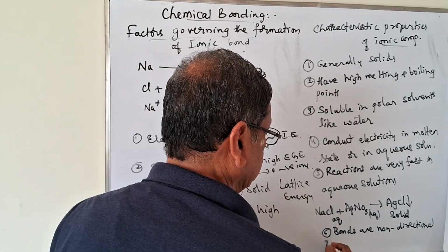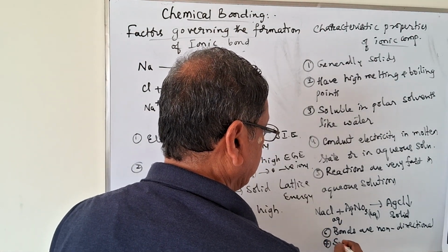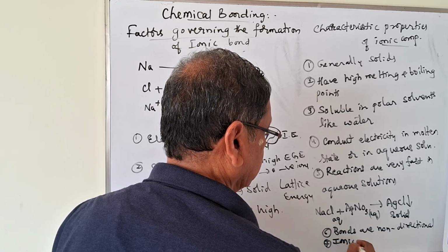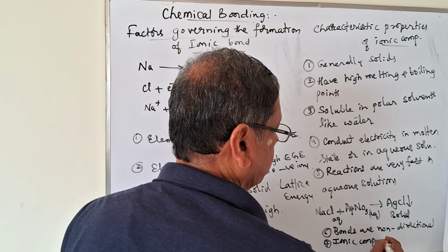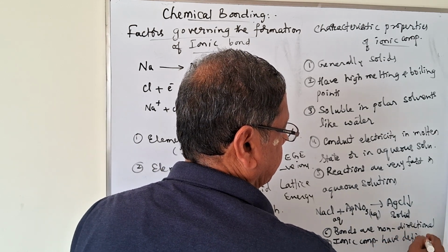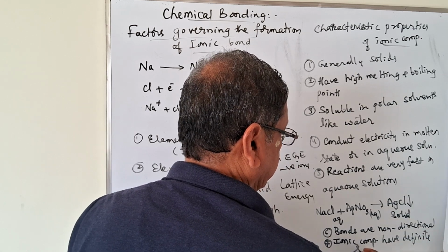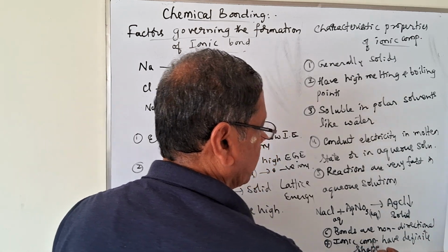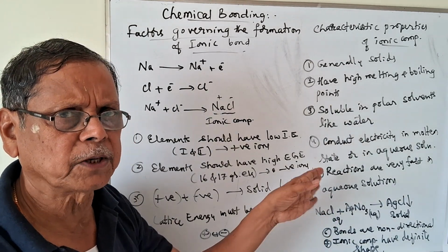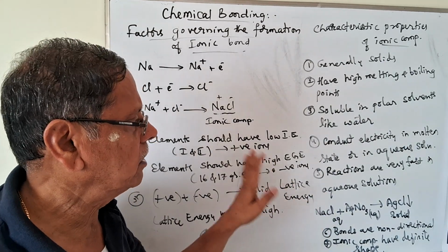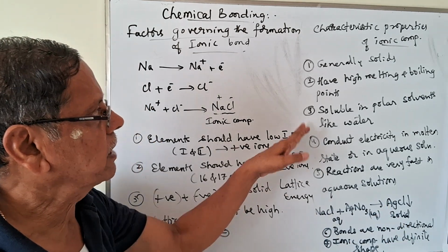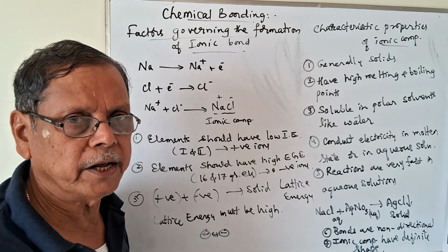The next one is that ionic compounds have a definite shape. Some exist in the cubic form, some exist in the trigonal form, and different types of crystal systems are available. So all these solids exist in different crystal structures. So these are some characteristic properties of the ionic compounds.